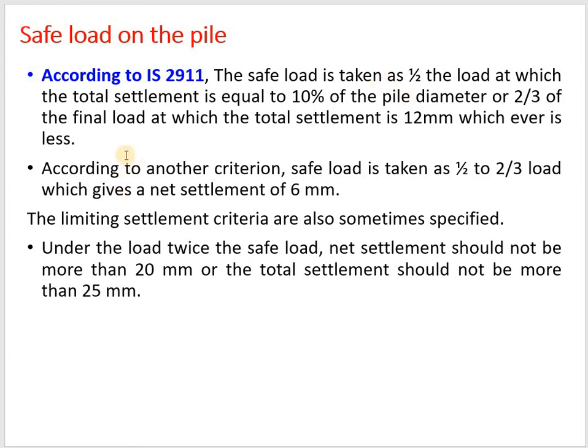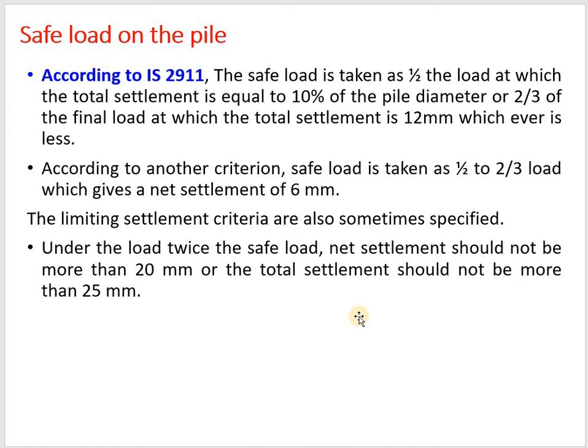Now there are some other criteria where you take the safe load as half to 2/3 of the load which gives a net settlement of 6 mm. Here you must be very careful: this is net settlement and that is total settlement, both are different. One more criterion is where the limiting settlement is considered.